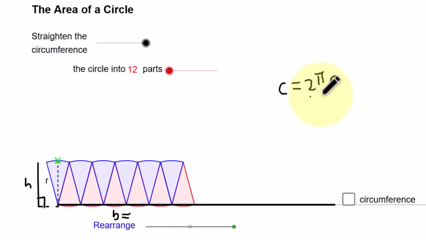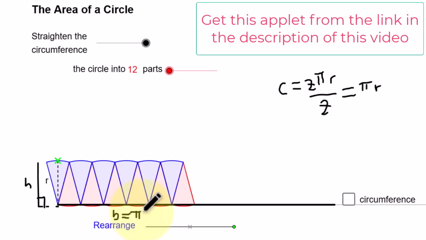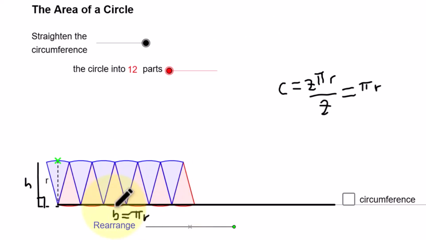So half of it means you should divide by 2. If I cancel it out, this circumference divided by 2 now gives me pi r. So the base of this parallelogram that is formed by this circle is pi r.